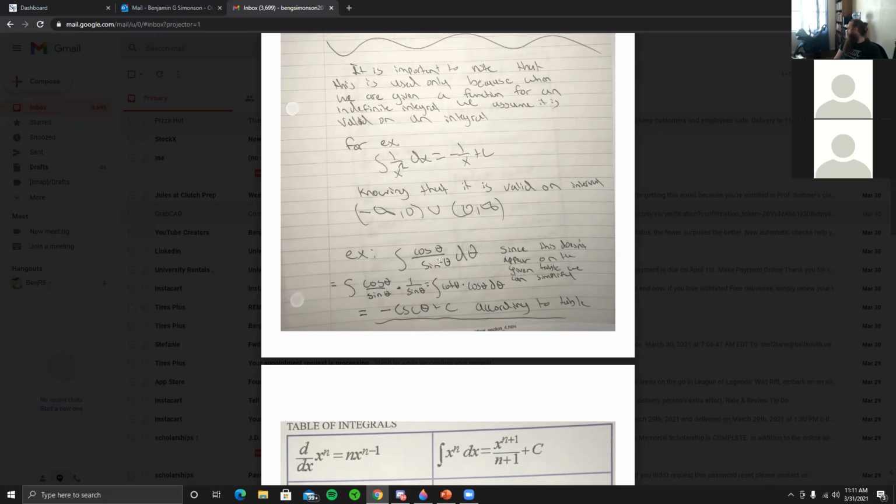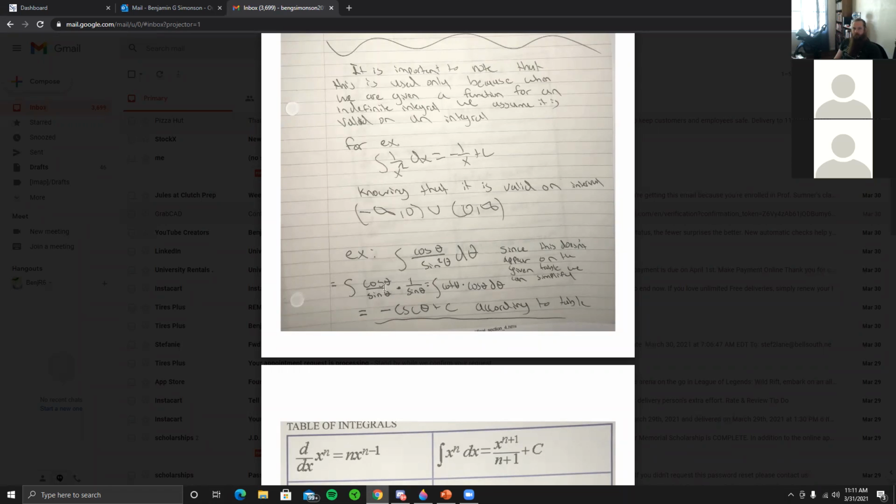And looking at it at face value, you wouldn't necessarily know how to solve the antiderivative of this without maybe some other property. So what you could do here is simplify the function. So we would get cosine theta over sine theta times 1 over sine theta, which is equivalent back to the original function. And here, this might look like something that we have on the table.